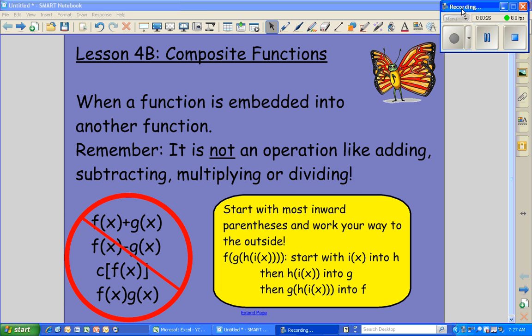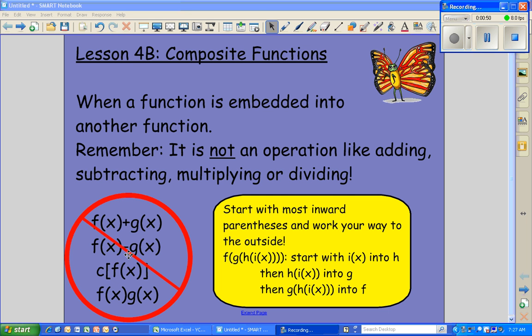If you look at the ones that have the slash through it, this is f of x, and you know you're finished working with f of x because you close the parentheses, plus a separate function, g of x. You close the parentheses. Those are two completely separate functions that you're trying to pull together.